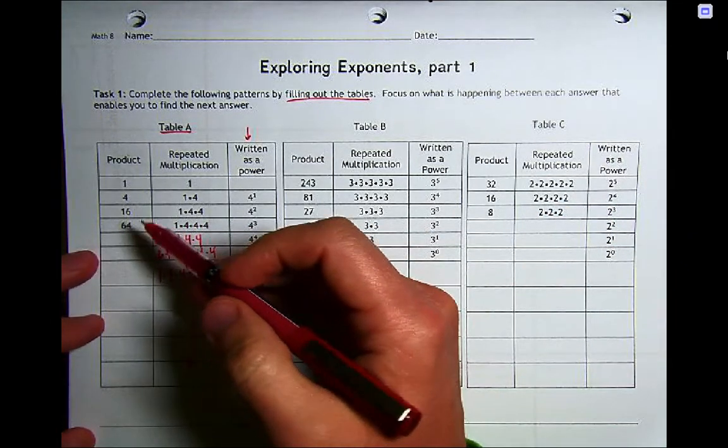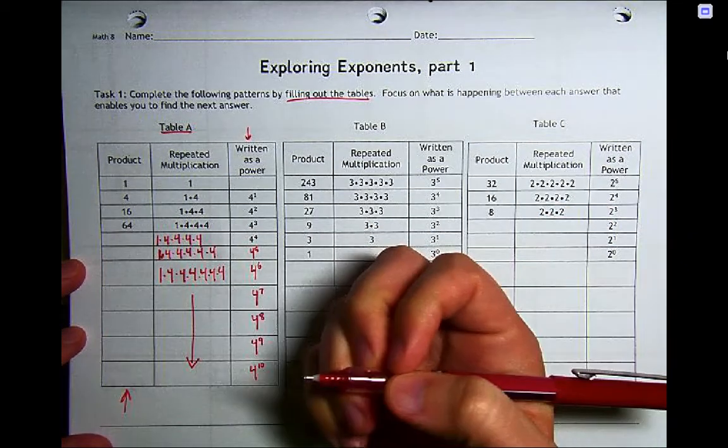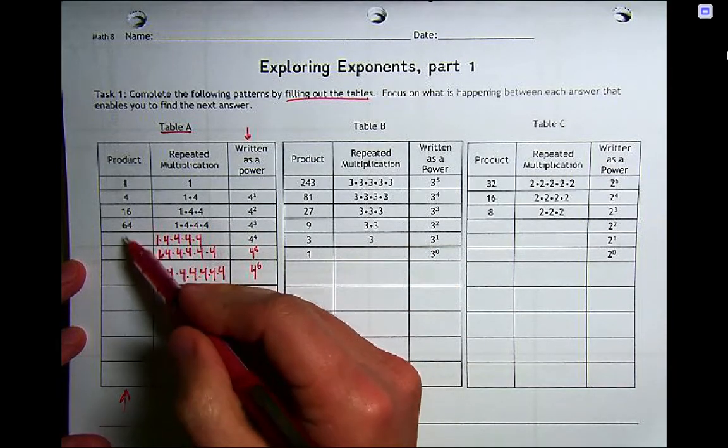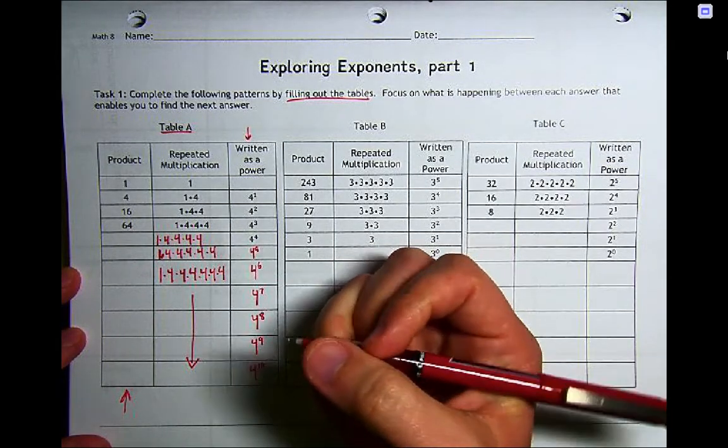Then, in the product column here, all you had to do was just use your calculator and come up with what those answers were.